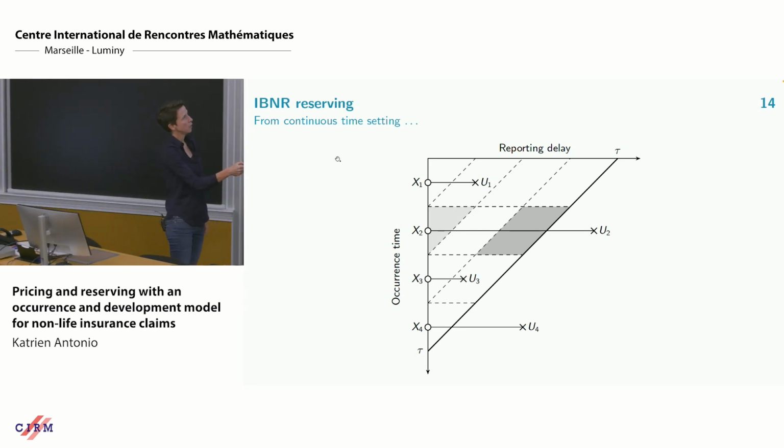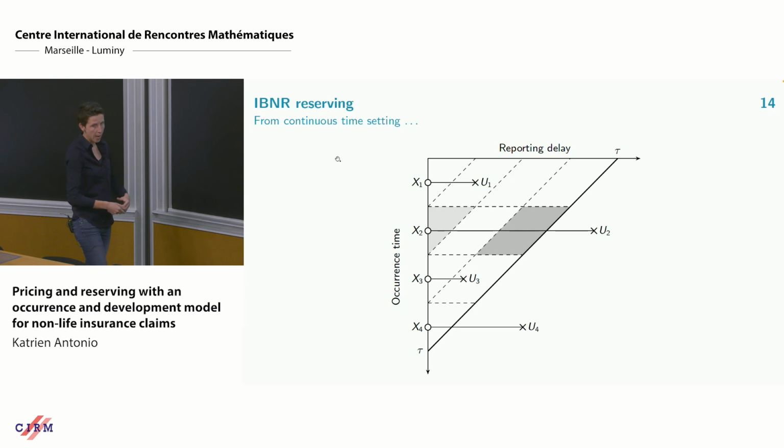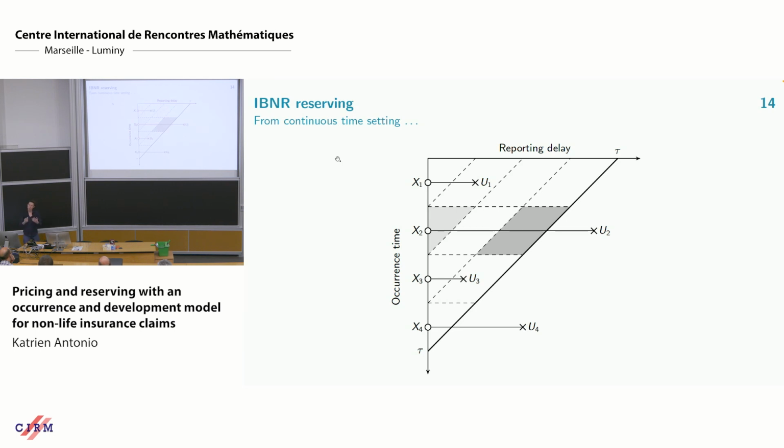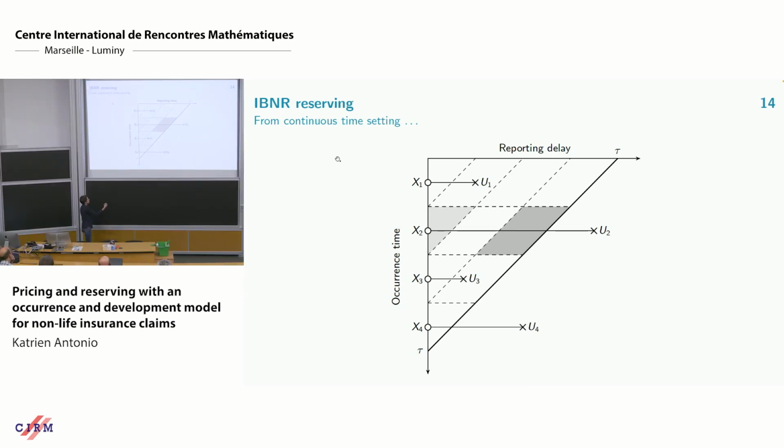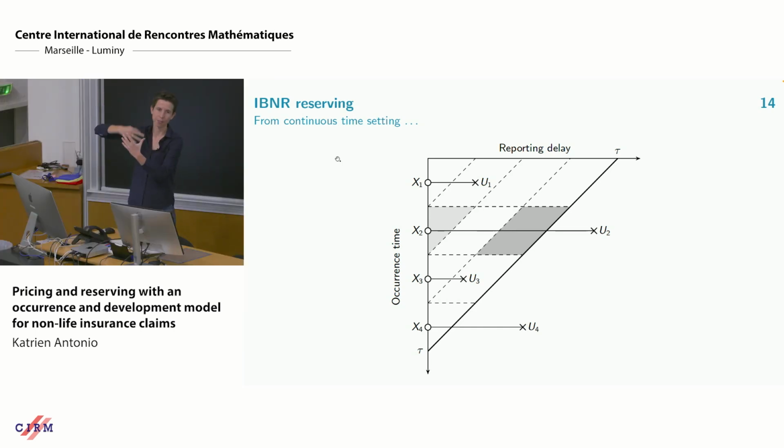And you see what econometricians call a nowcasting problem coming up here. You want to predict the number of events which happened already in the past, but which are still to be reported in the future. But the idea that I develop in these typical reserving papers is that I follow the time period that comes with my portfolio of contracts, right?